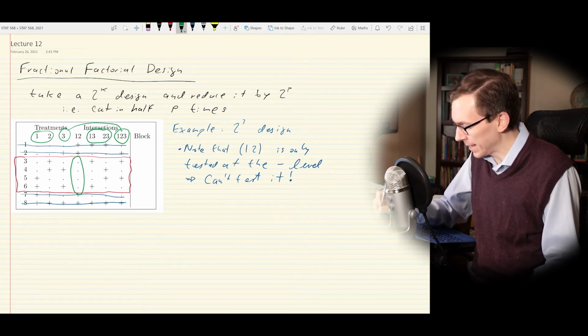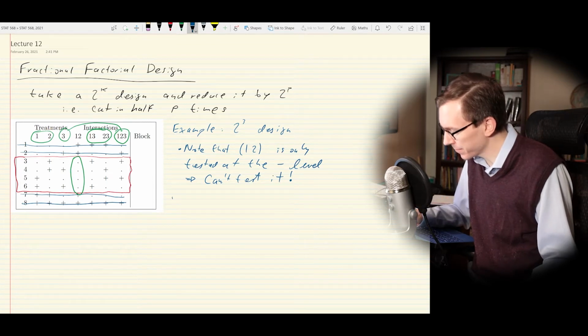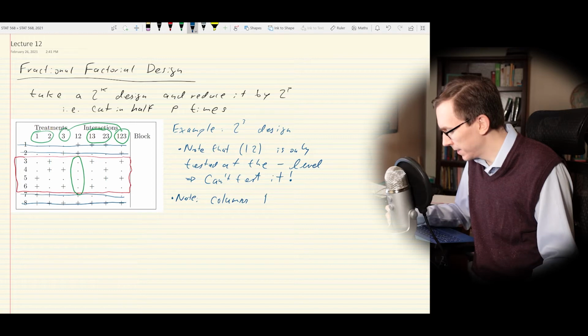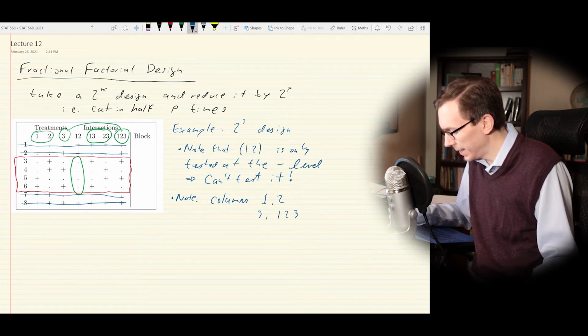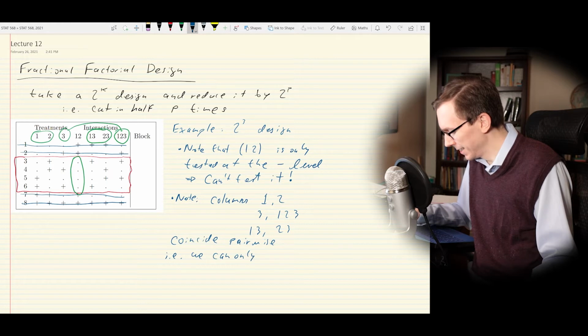So the second thing to note is that columns 1 and 2, and let's say 3 and 1, 2, 3, and 1, 3 and 2, 3 coincide pairwise. I.e., we can only test one of them.